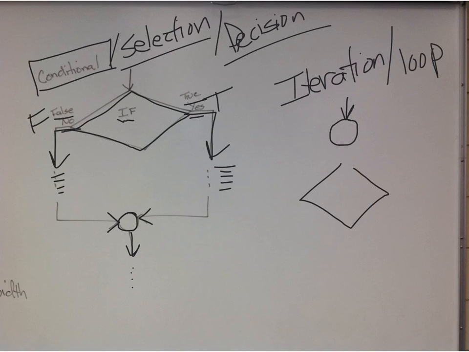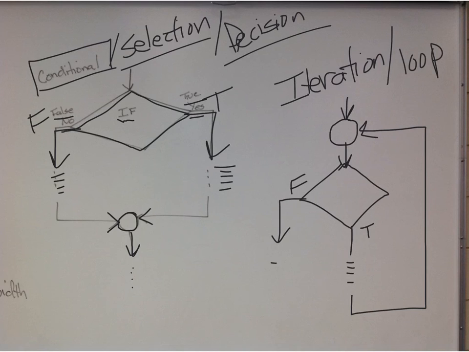This is called a leading decision. If the decision is true, we process this and come back up. If the decision is false, we continue on with our processing somewhere else.